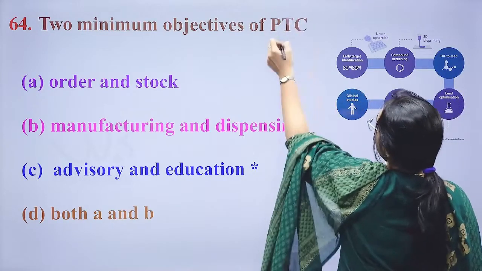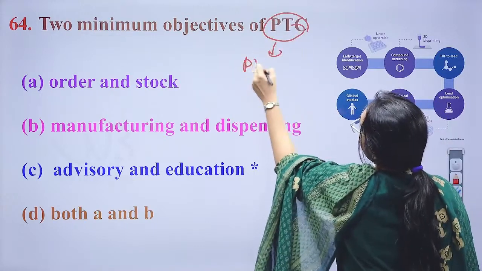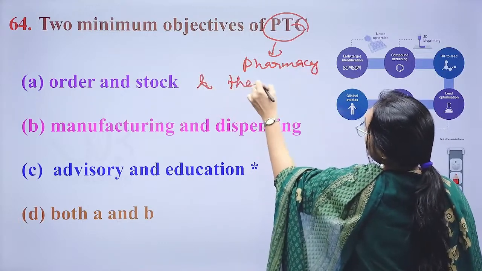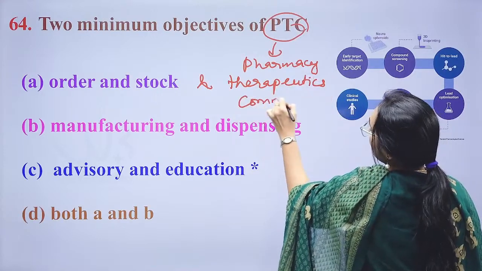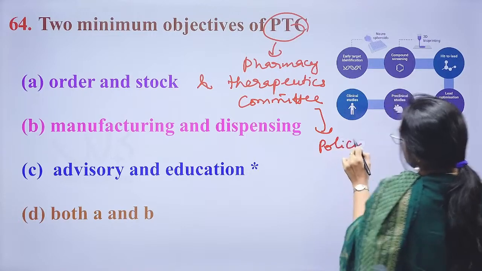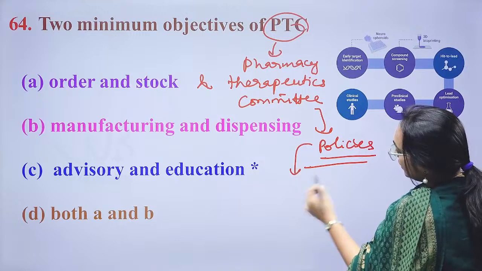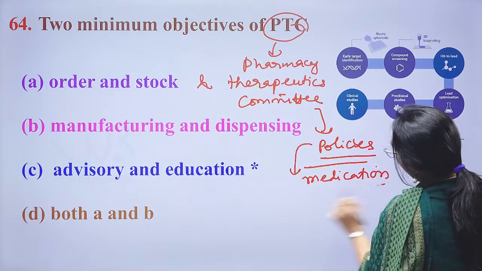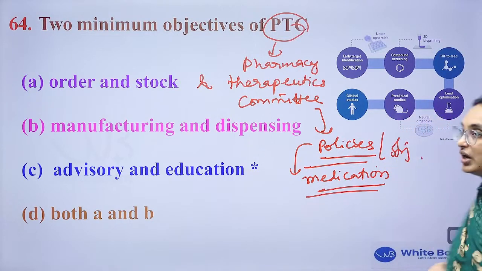Two main objectives of PTC. What is PTC? Pharmacy and Therapeutics Committee. So, the main aim of this committee is to make policies regarding medications, education and policies, making policies and objectives regarding the medication.